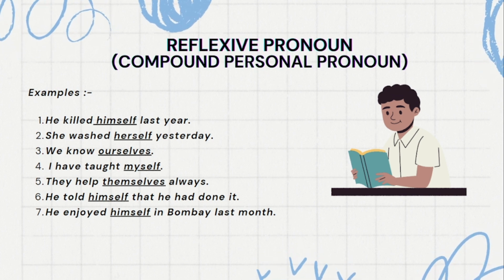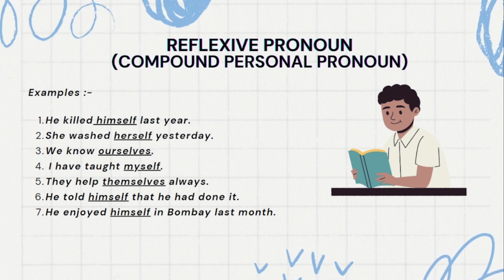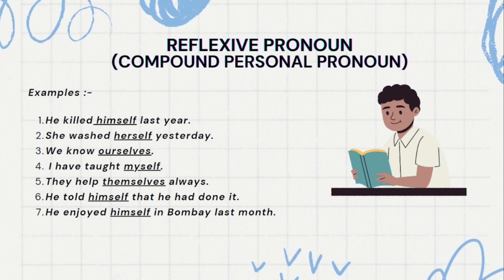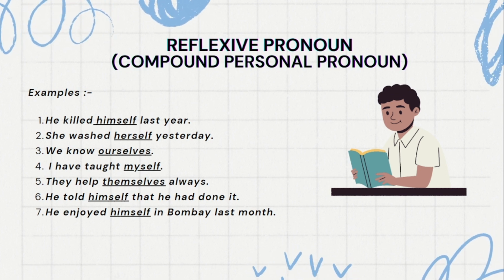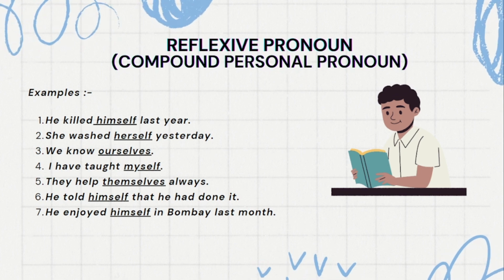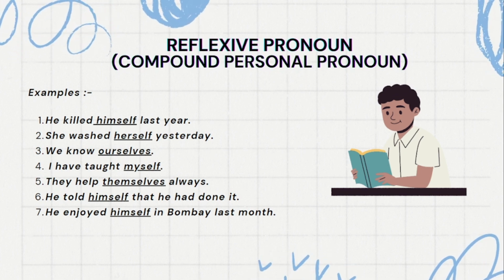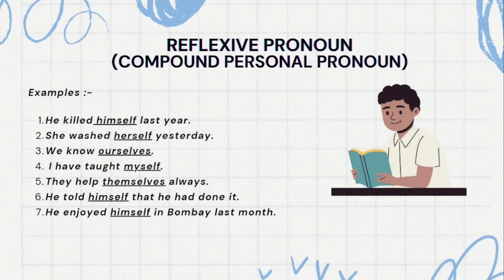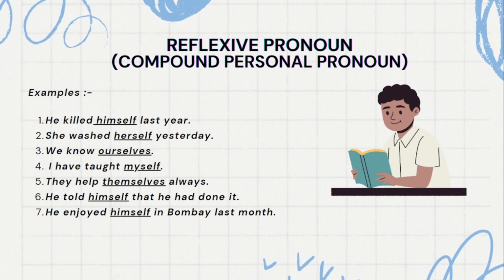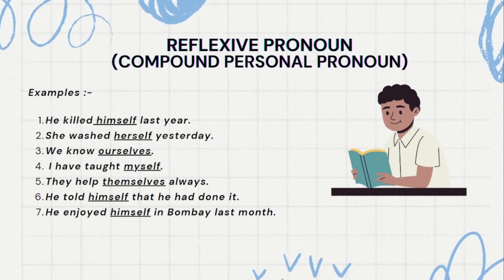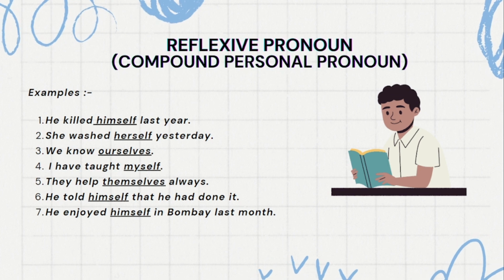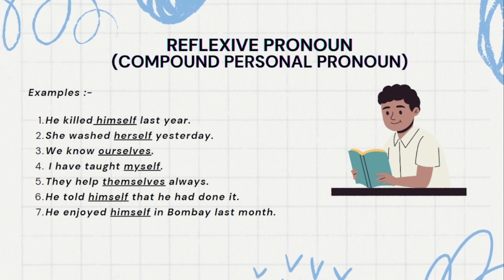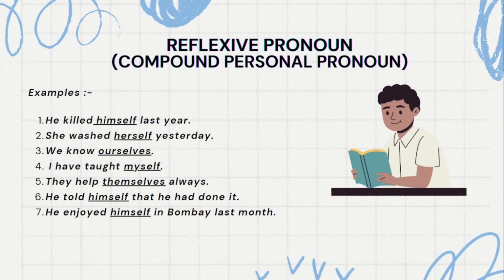And here one important thing, reflexive pronouns are written in the place of object only. That is why they are called as reflexive objects. Second point, reflexive pronouns are written after the main verb only. In the first example, main verb is killed.